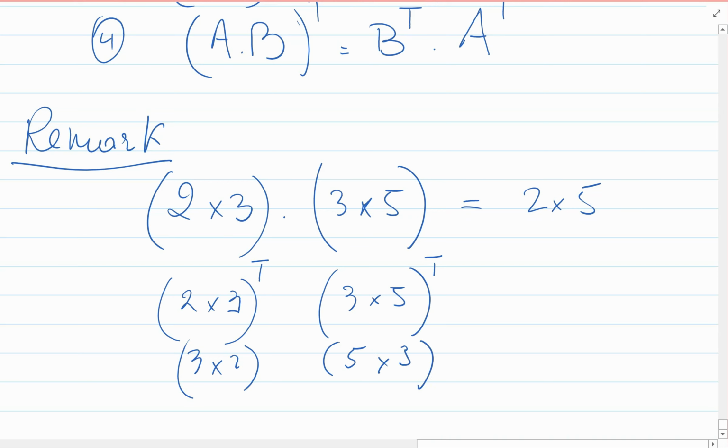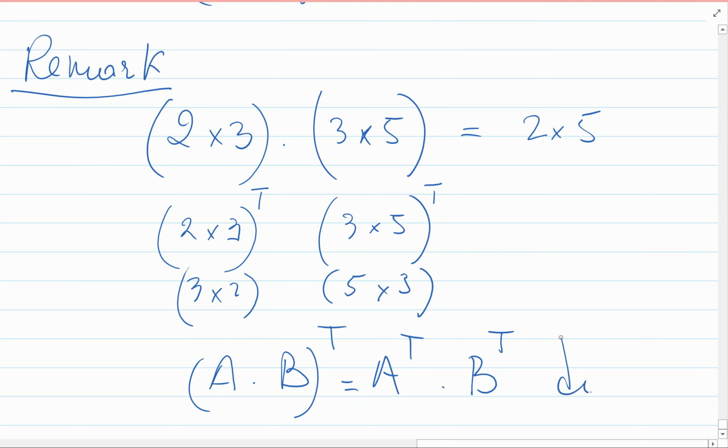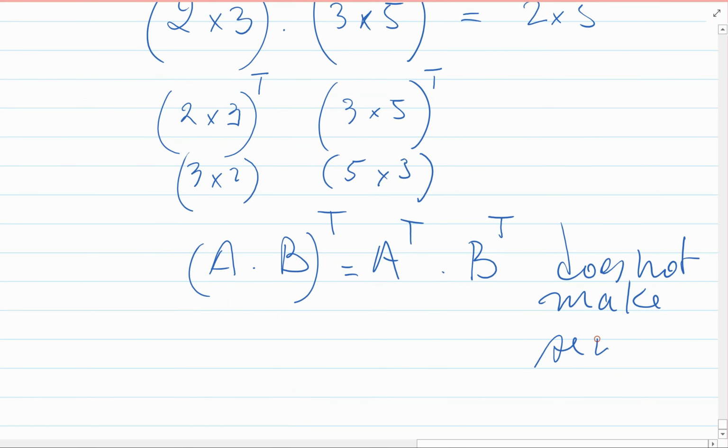So in this case, A transpose times B transpose will never be equal to the transpose of the product, because it does not make sense to do the product to start with. As I said, it's not hard to do, it's just a little more complicated than the other ones. But anyway, the result is that you have to switch them. It's B transpose times A transpose.